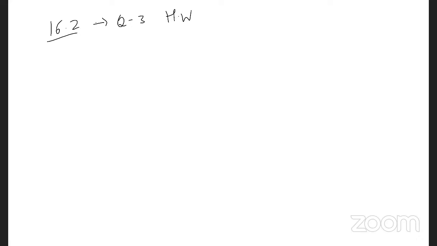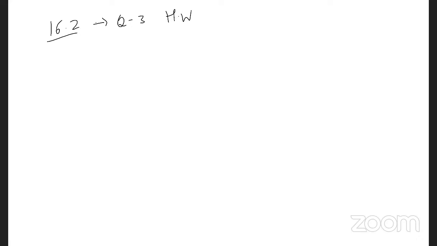Less than half, let me see. This is more than half, but this is less than half. 1, 2, 3, 4, and 5. 5 are there which are less than half. So for those 5 you do 5 into 0, which will become 0.